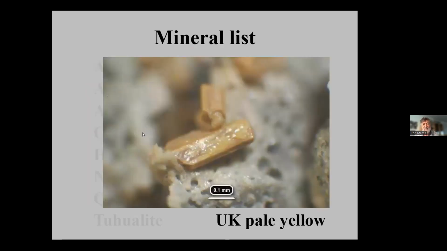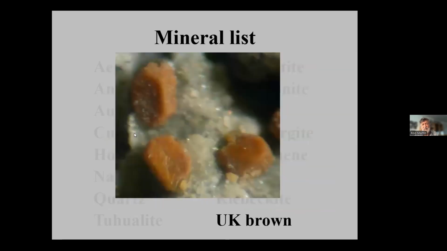Here, these pale yellow ones, they've got beautiful crystal faces. I suspect, looking at them, that these may actually be tuhualites, may have been tuhualites totally replaced by something else, though. They're a typical pseudomorph type texture. Again, typical pseudomorph texture.